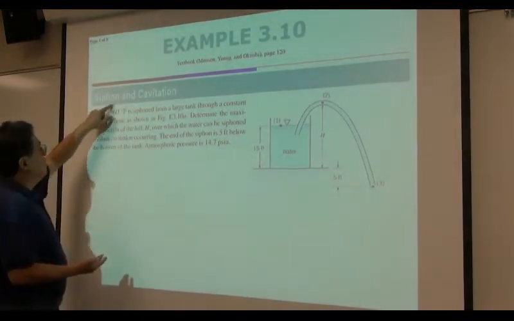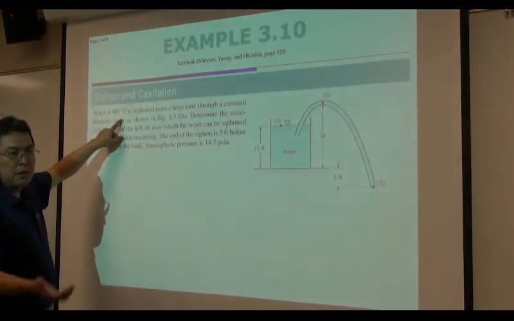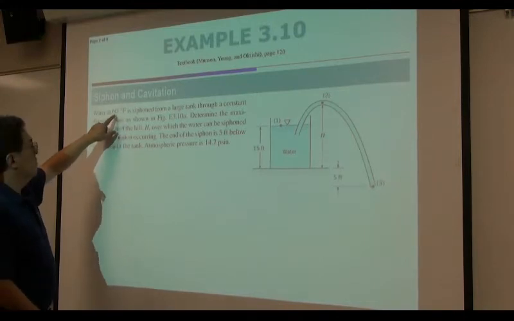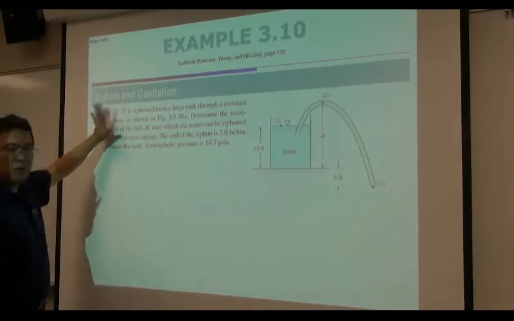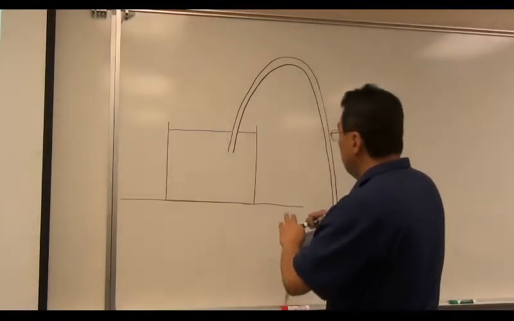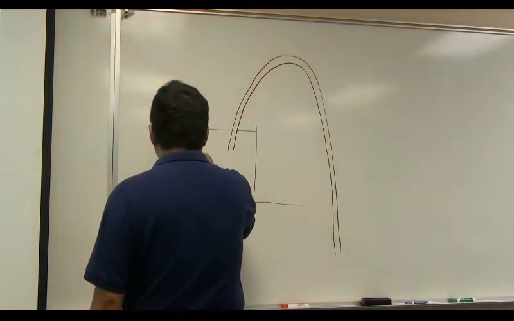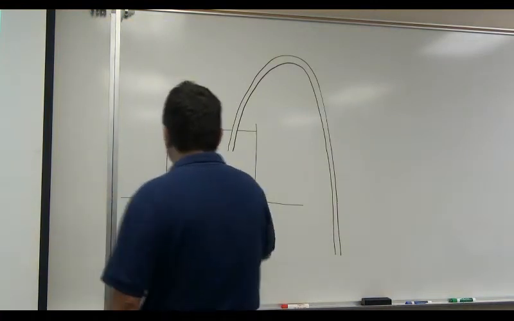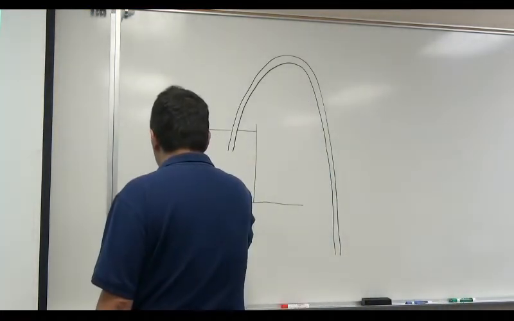Okay? This temperature determines what is the vapor pressure of this water. Vapor pressure is a function of temperature. So for a given different temperature, vapor pressure will be a different value. So this is a standard value, so water of a room temperature. So let's begin with picking up the value. Looking at your property table. So this is the water at 60 degrees F. If that's the case, what is the vapor pressure PV?